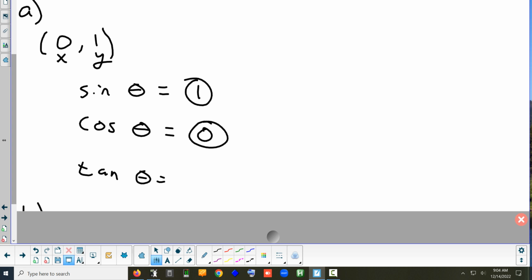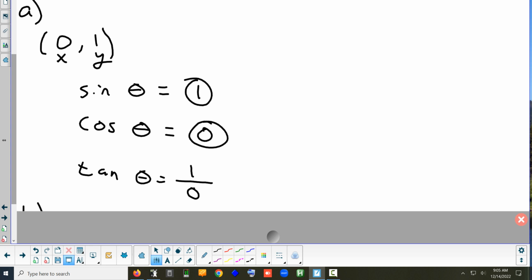And tangent. Brighton, what's our formula for tangent? Tangent equals y over x. So what would I write down in this case? 1 over 0.